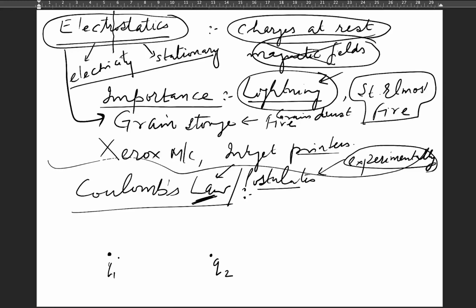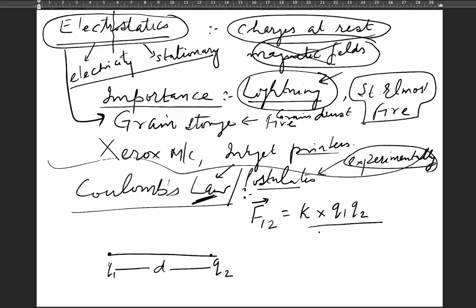So what Coulomb said is that the force on charge 2 due to charge 1 is given by some proportionality constant k, times q1, q2, the magnitude of these two charges, over this distance d squared, and the force direction will be in the direction of the unit vector a12, meaning from 1 to 2.